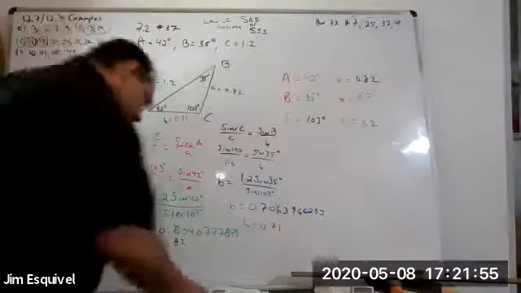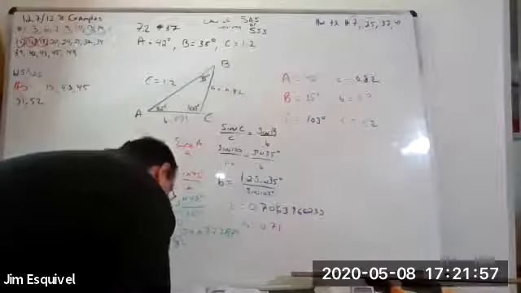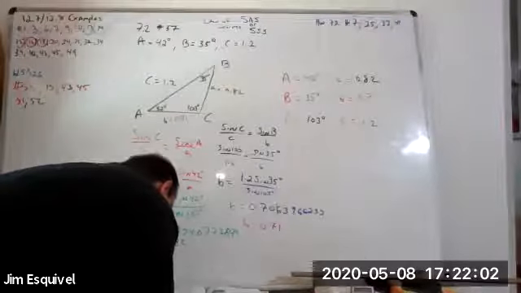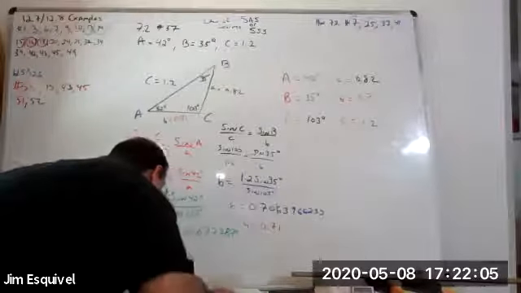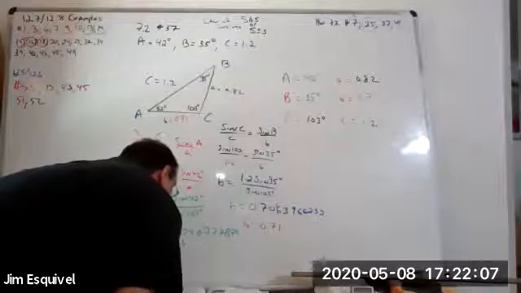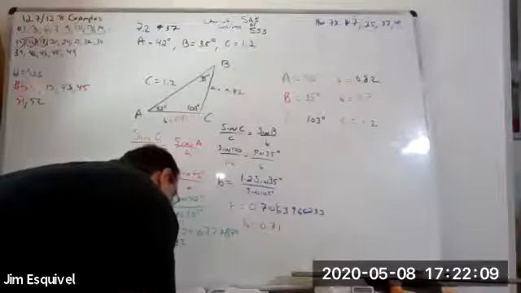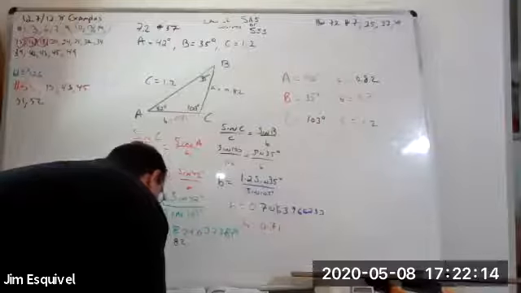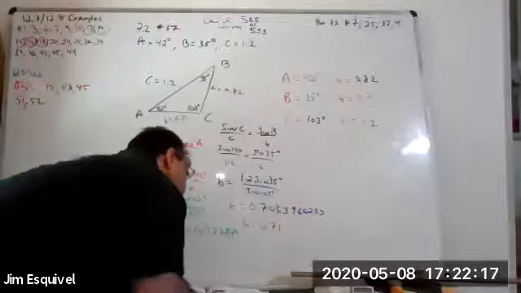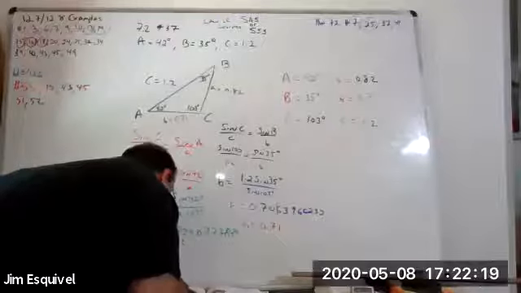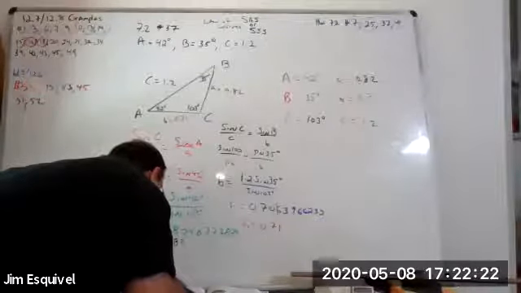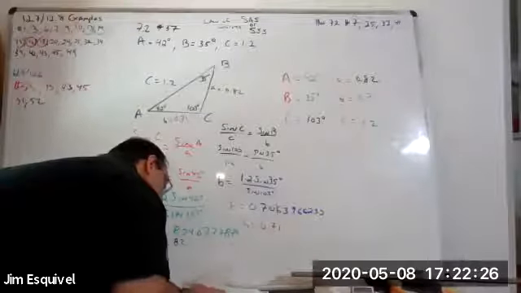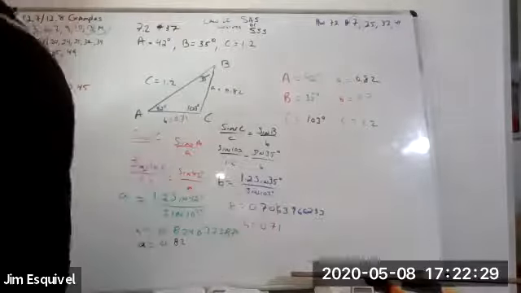So let's look. 7.2. You want to just do 49? No, that's 7 point, yeah. What is home?